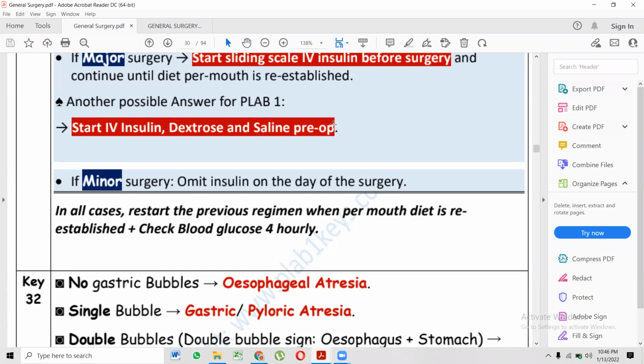For 300, it is 10. For 350, it is 12. I don't remember the exact levels, but the sliding scale is according to the patient's BSR levels. Okay, thank you. Any other questions?